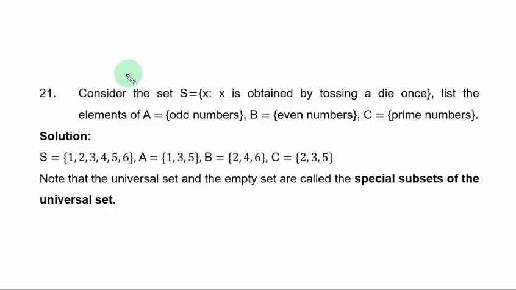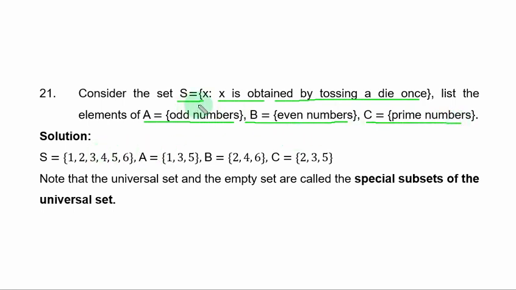Example 21. Consider the set S equal to S such that S is obtained by tossing a die once. List the elements of A equal to odd numbers, B equal to even numbers, C equal to prime numbers.